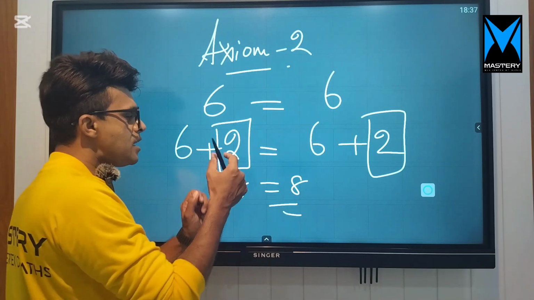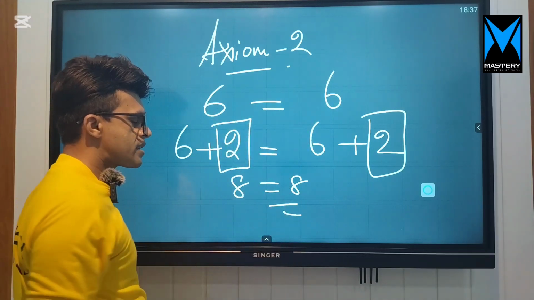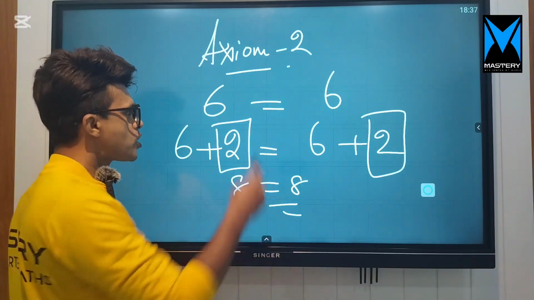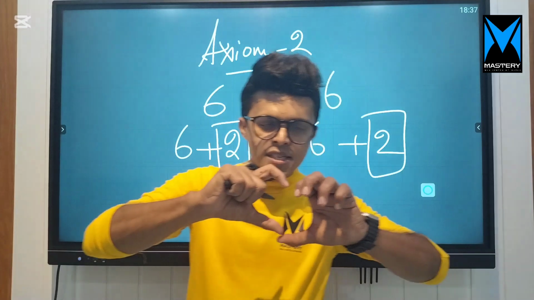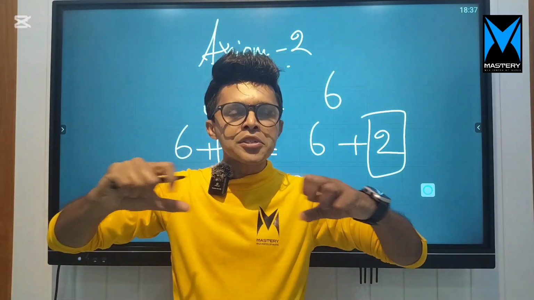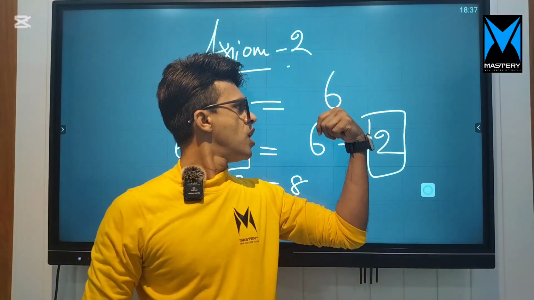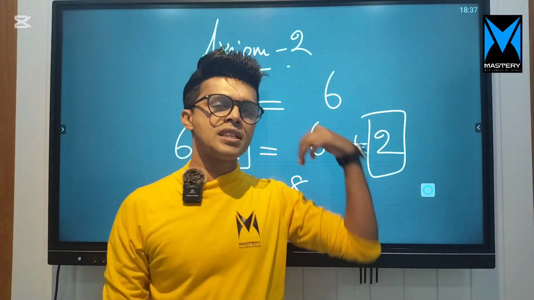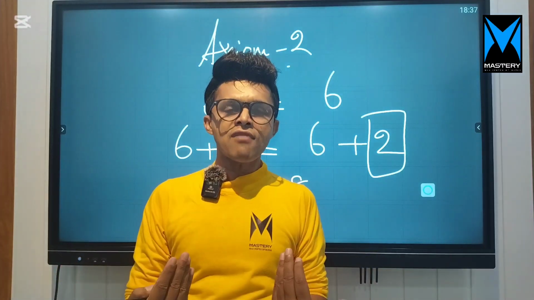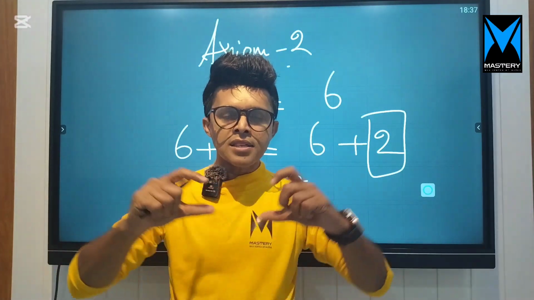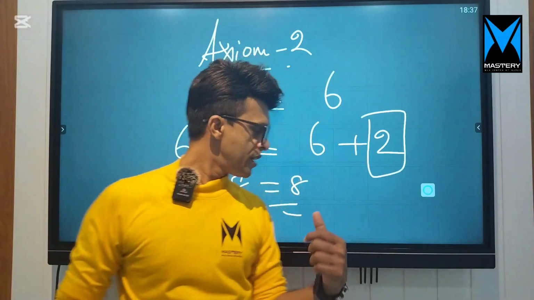Previously the values were equal, 6 equals 6. When you add equal values to both sides, the taken values also should be equal.